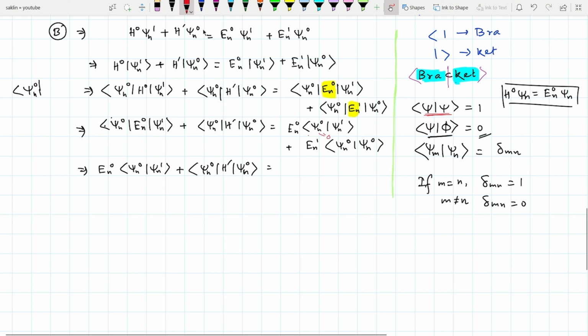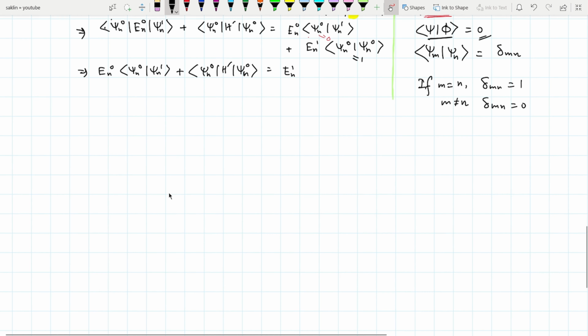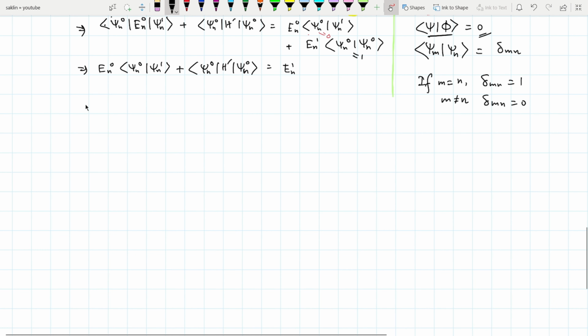So we can write just E n1, the first order correction to the energy eigenvalue. Here also you can say that will be 0.